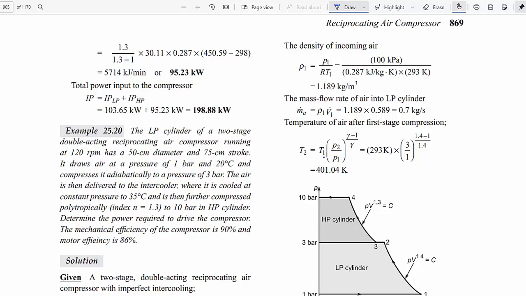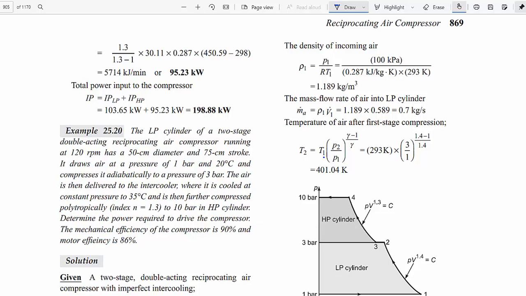That index is 1.3, but your adiabatic index is 1.4, everybody knows. In this problem the HP and LP have different processes, one adiabatic, another polytropic. But in some other cases, both the cylinders have polytropic compression, or both have adiabatic, based on the nature of the problem.